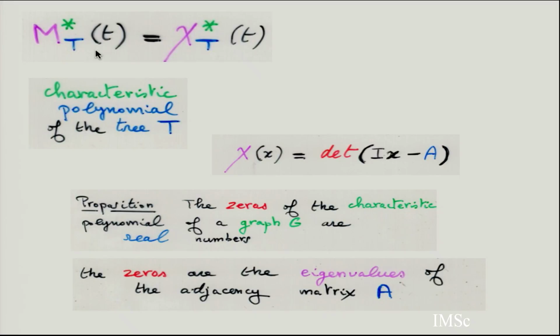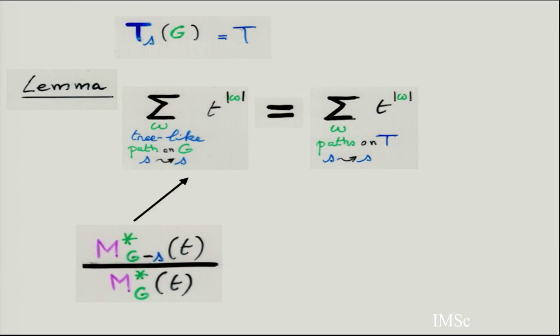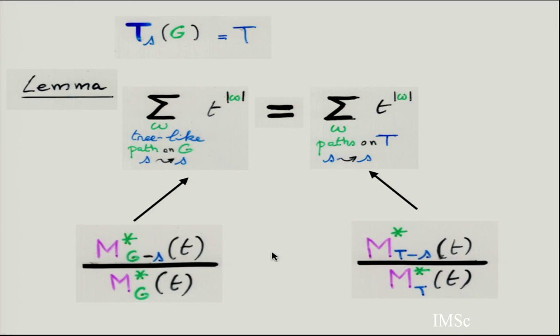And so it's not totally finished, I should say, because maybe there will be a few problems when you put the equality between these two. So here, in the tree, all the zeros above are real numbers. But here, there may be some cancellation. Maybe some non-real zero can cancel with a non-real zero here. So there are a few problems, but okay, allow me to do it by recurrence.